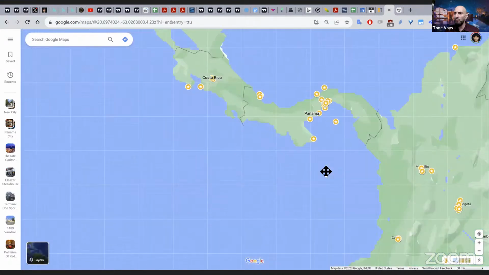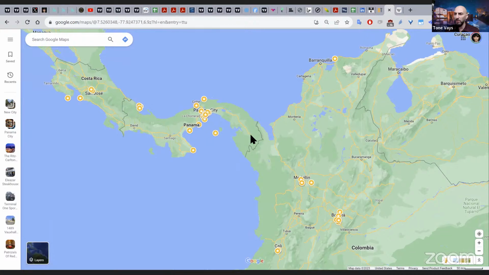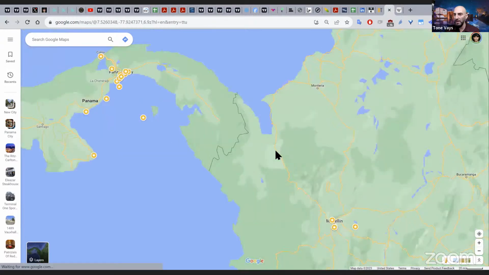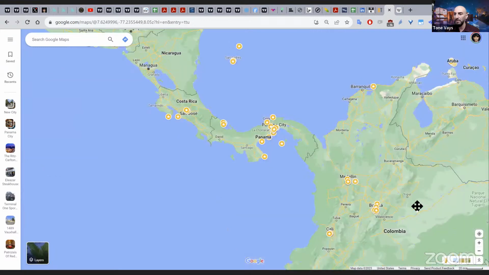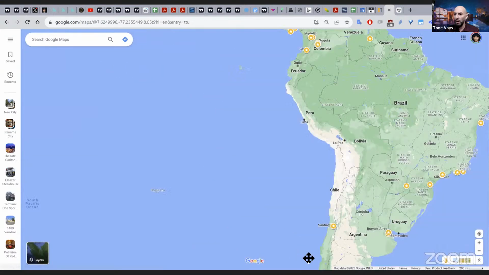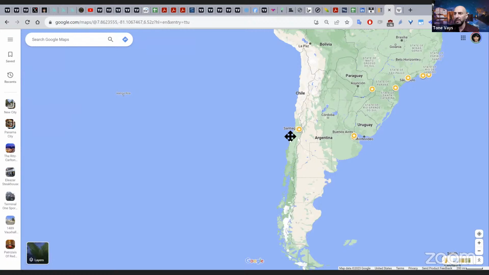The only reason why there isn't a road, by the way, see this road? See how this road ends? This is the Darien Gap. You can drive a car from the tip of Alaska down to here. And then you can drive a car from this road right here in Colombia all the way to the southern tip of Argentina.